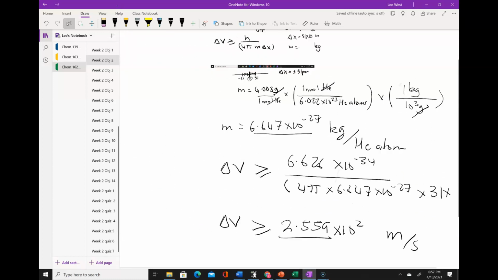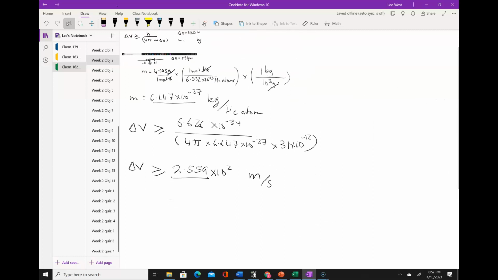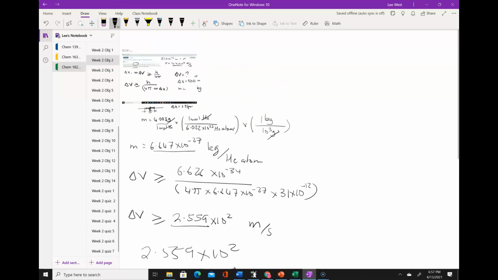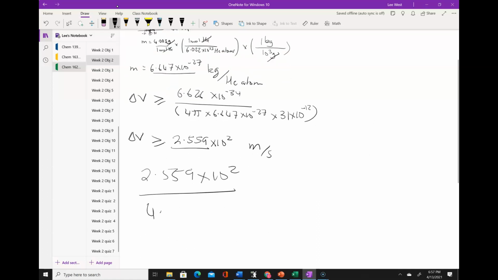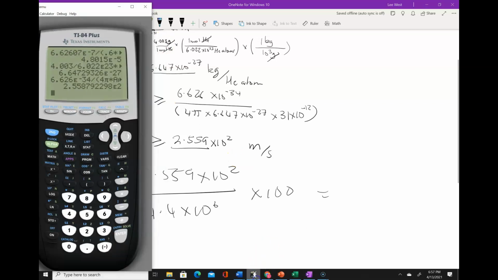All right, so we need to take this number as a percentage of that. So 2.559 times 10 to the 2 over 4.4 by 10 to the 6 times 100. I was like, wow, that's a really big number. But then you realize that it's not really that big.